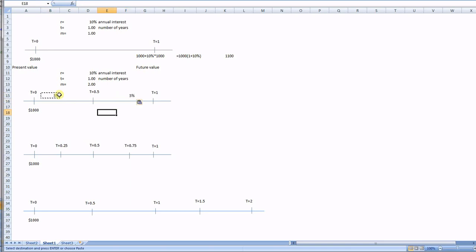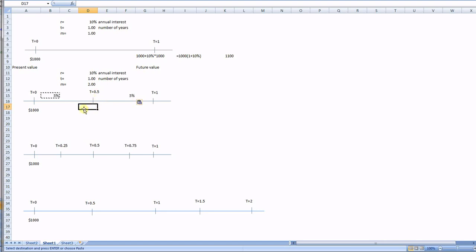And when there's compounding, it's necessary to work out the amount owing in every period. So at T equals 0.5, we need to work out the interest that is owing at that time.